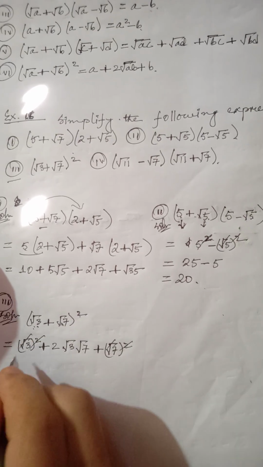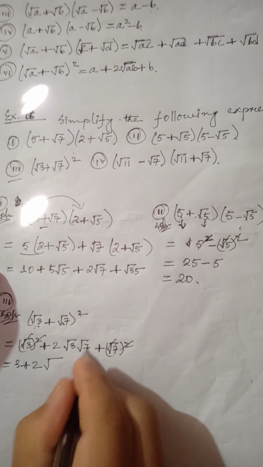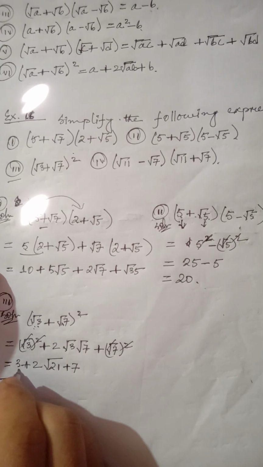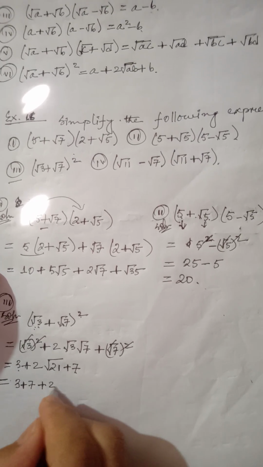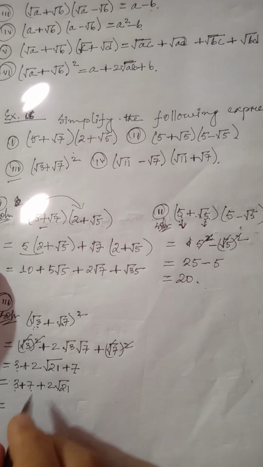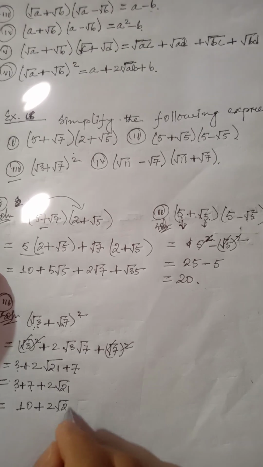Square and root cancel, that is 3 plus 2 root of 3 times 7, that will give you root 21, plus 7. Now let us bring this 7 to that side, that means 3 plus 7 plus 2 root 21. So 3 plus 7 will give you 10, plus 2 root 21.